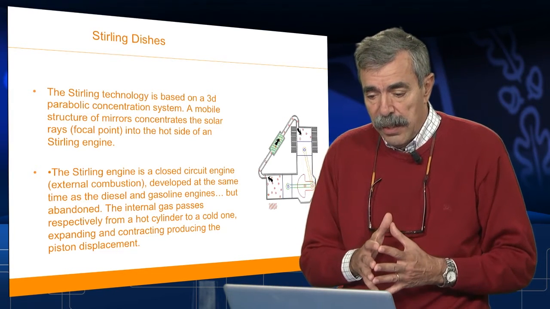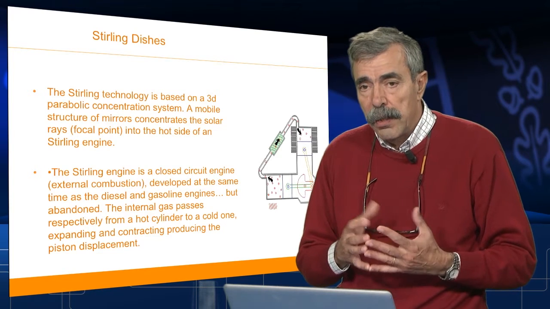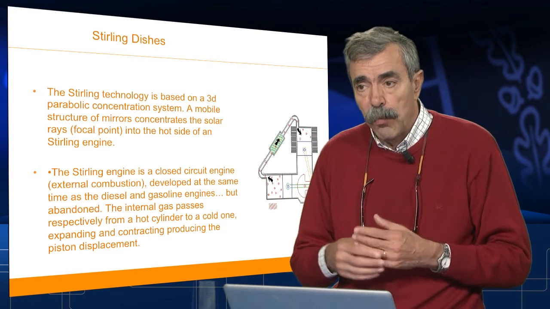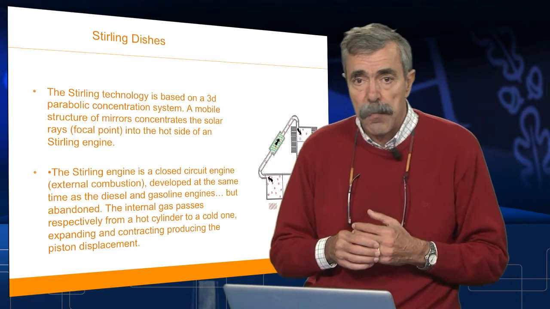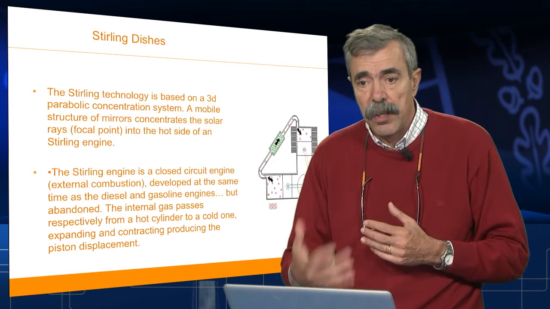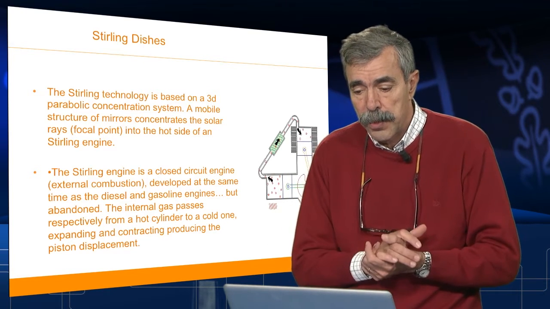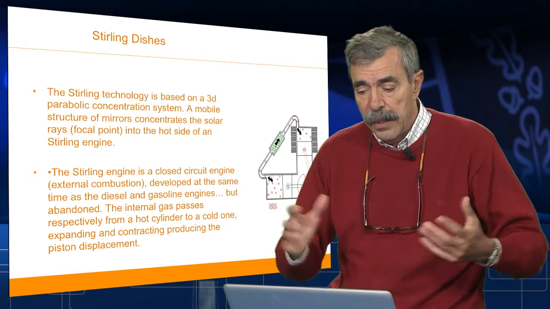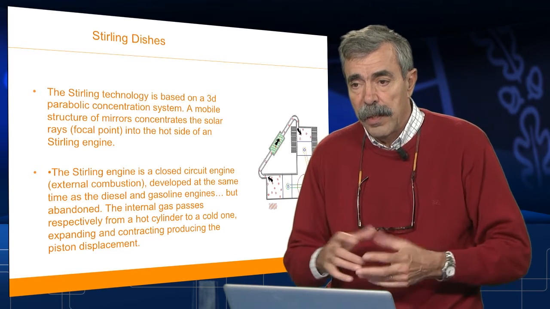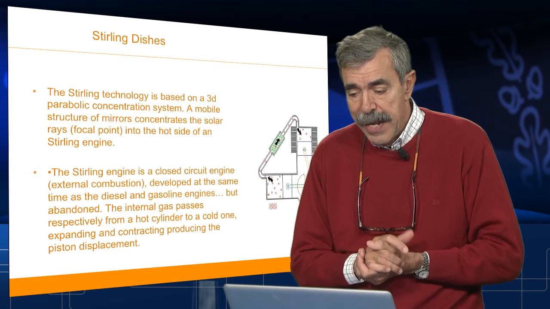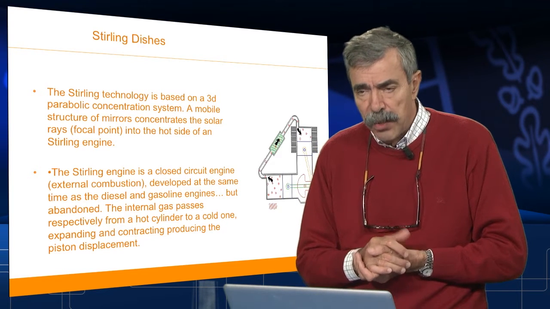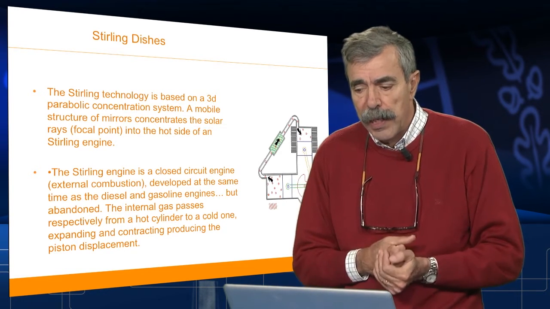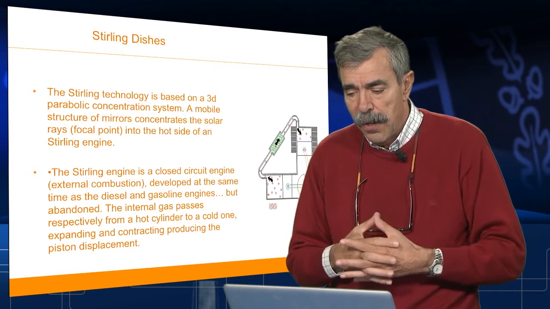Let's say that it's a thermal engine that was designed at the first time, as the diesel engines or the gasoline motors, in the early 1900s. But then it was not developed. There are not too many applications for those motors.